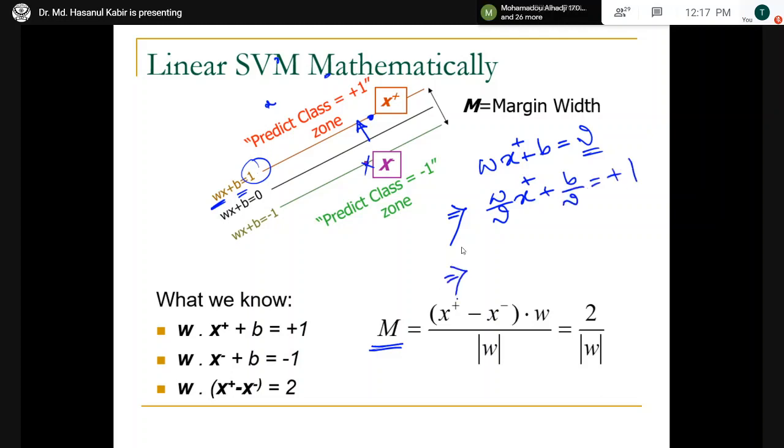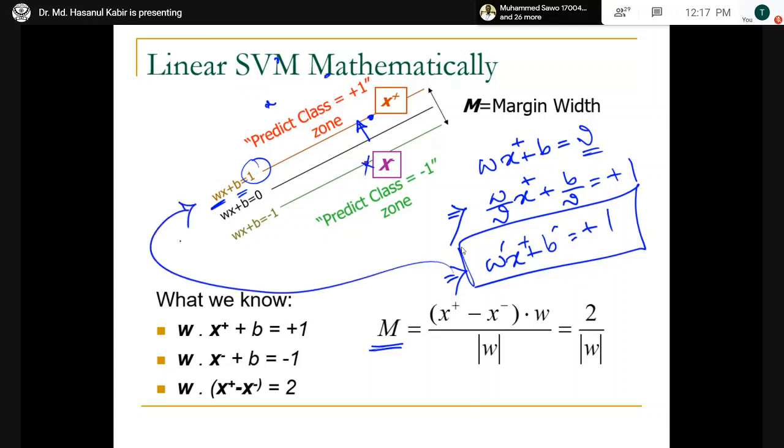That means you end up with a different set of w and a different bias, but we can write it like that. Since w and w prime are different, do they represent the same line?